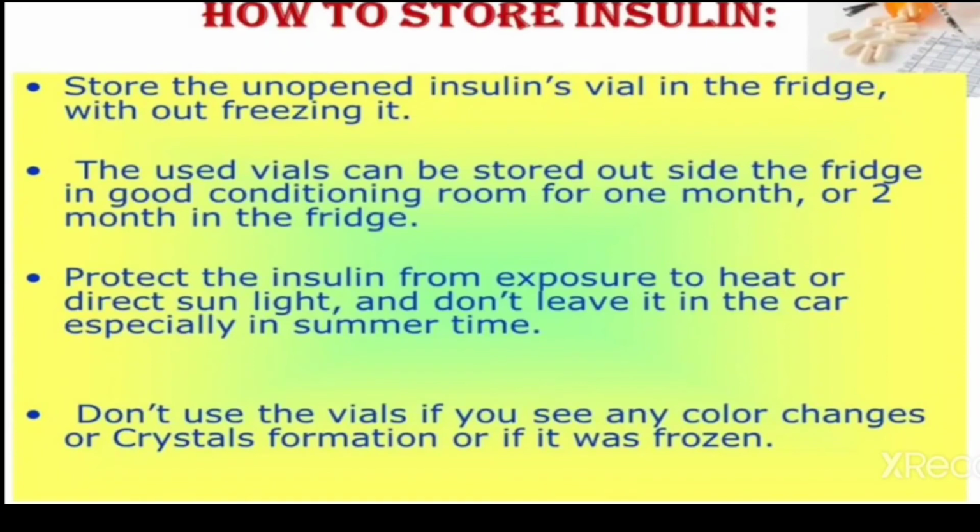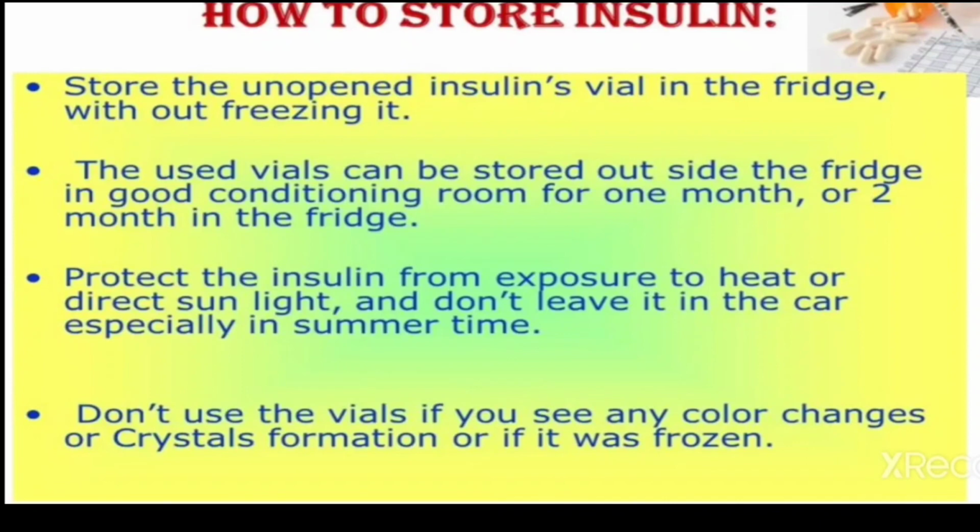Then how to store insulin? Store the unopened insulin vial in the fridge without freezing it, and used vials can be stored outside the fridge in a good condition room for 1 month, or 2 months in the fridge.